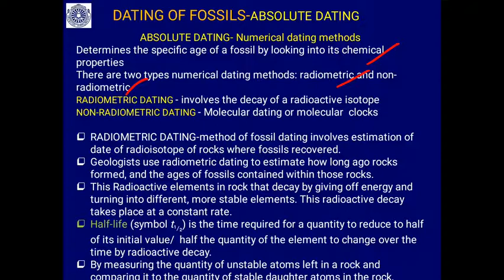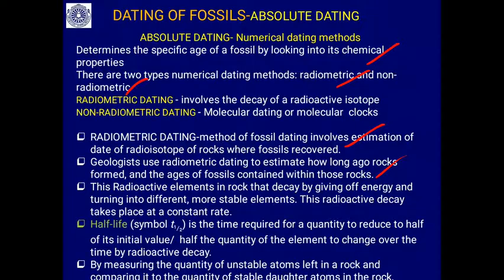Radiometric dating is a method of fossil dating that involves estimating the date from the radioisotopes of the rocks where fossils are recovered. Geologists use radiometric dating to estimate how long ago rocks formed and the age of the fossils contained within those rocks. You have studied this in chemistry: radioactive decay, half-life of the element, all this.